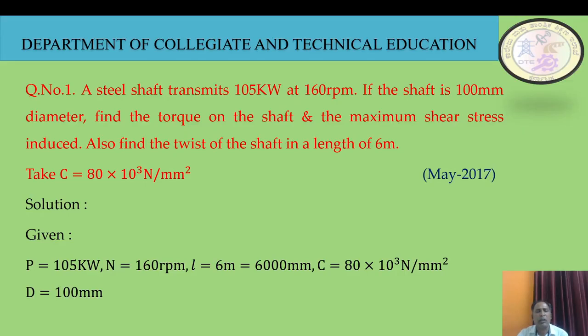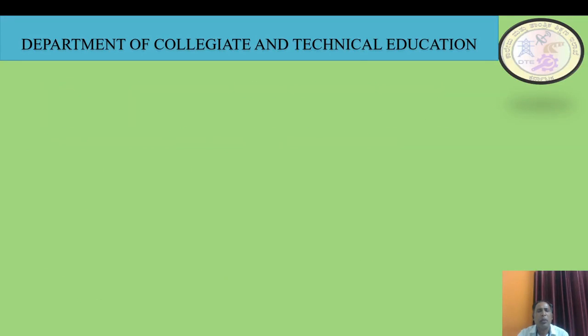So to calculate the torque for the solid shaft, the formula is T is equal to pi by 16 tau into d cubed. So first we will calculate the torque transmitted by using the equation. As we know that P is equal to 2 pi nT divided by 60,000 kilowatt.